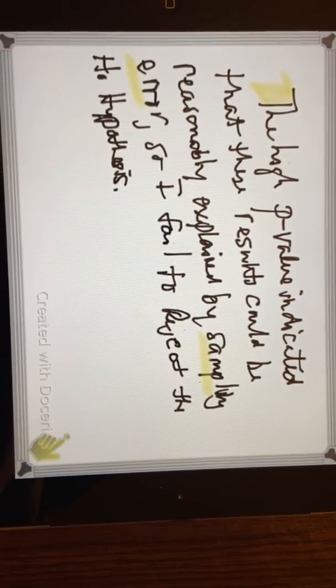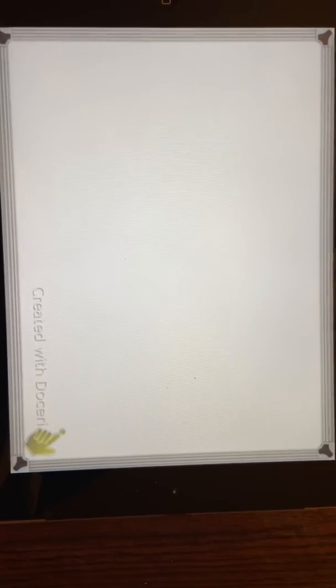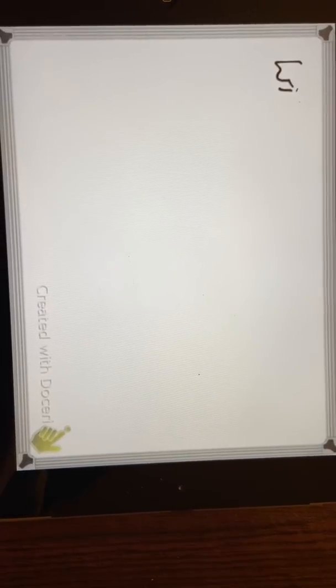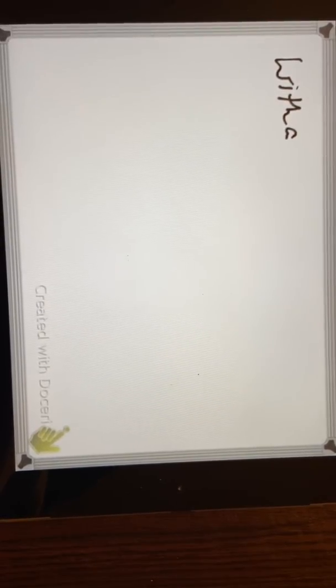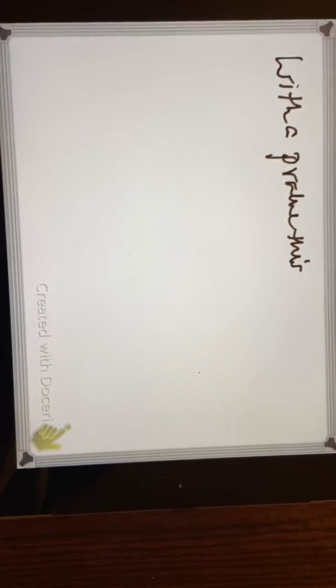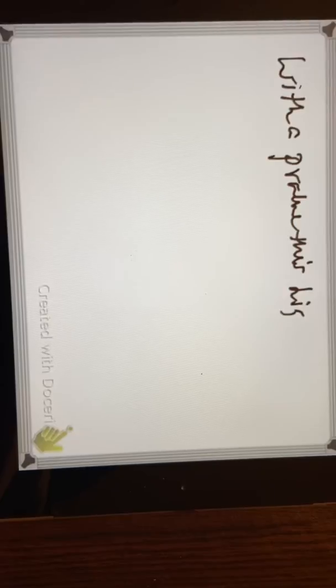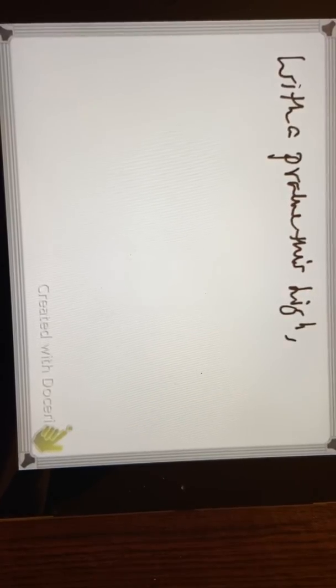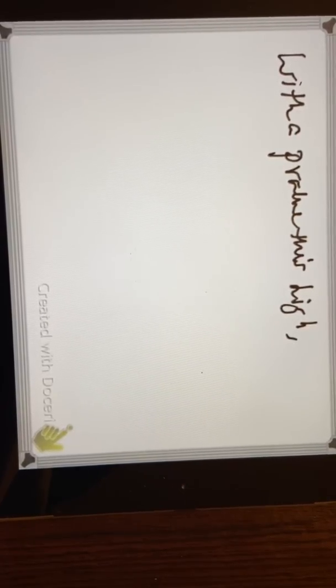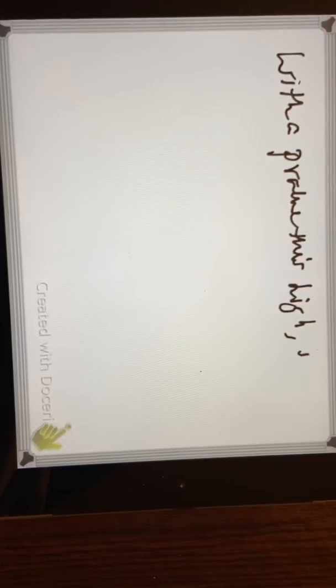Okay? And then I may have another version for you. With a p-value this high. See, I want it to be low, so I have to say it's high because I didn't get to reject.